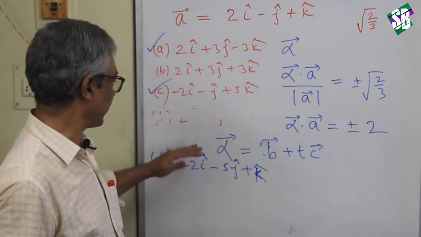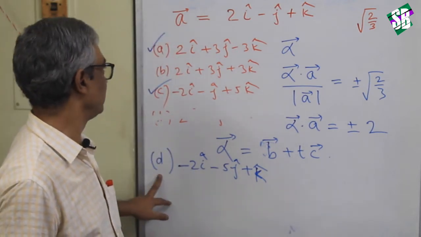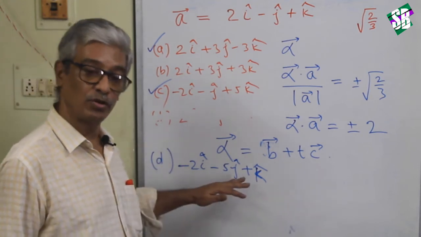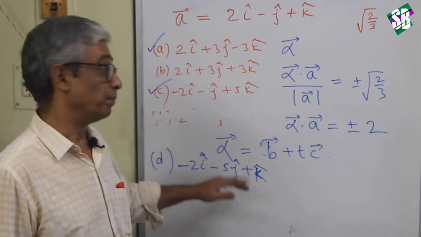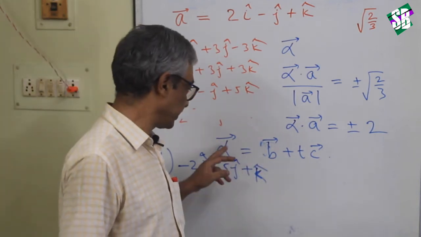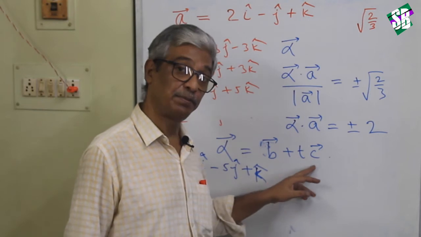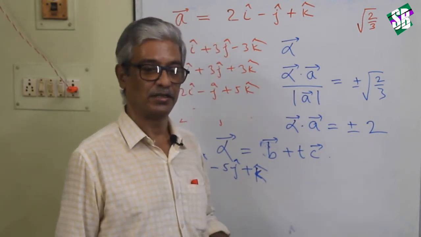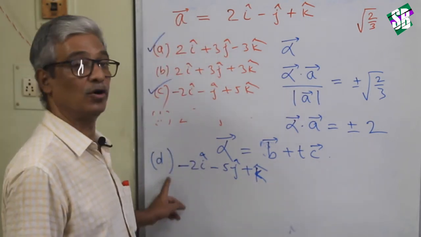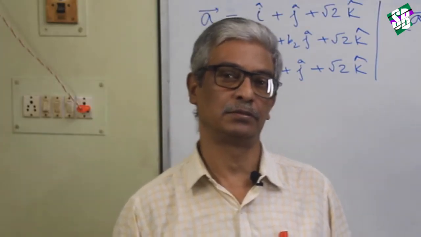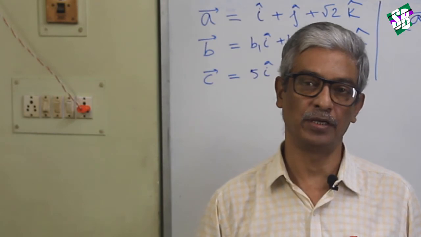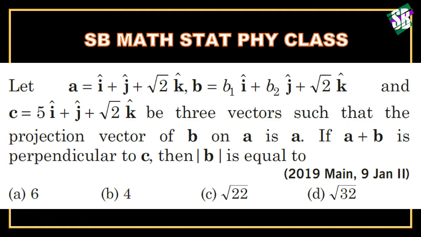Then in that case, option D would have been correct. But if you have taken alpha vector equal to B vector plus t C vector, then you cannot obtain option D. Now let us take the question that is appearing on your screen.